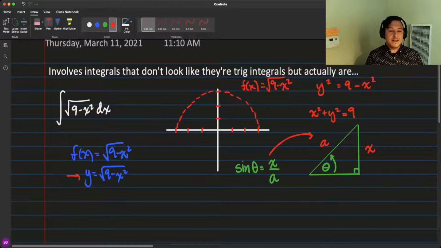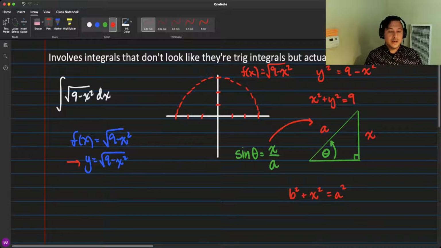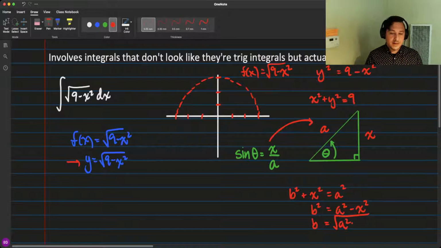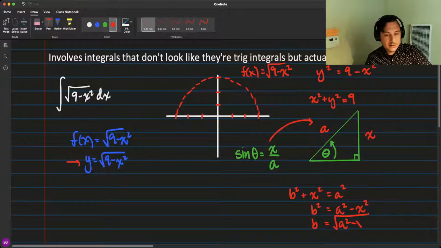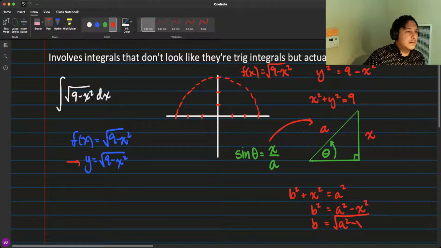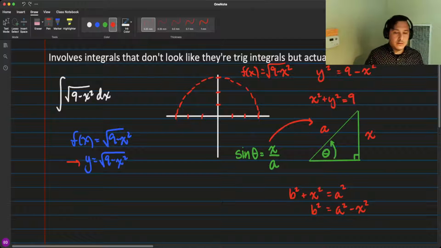Which means you could solve for this base right here. We know that the base squared plus x squared equals a squared by the Pythagorean theorem, which would mean that the base squared equals a squared minus x squared, which means the base is equal to the square root of a squared minus x squared. Let's put that down.